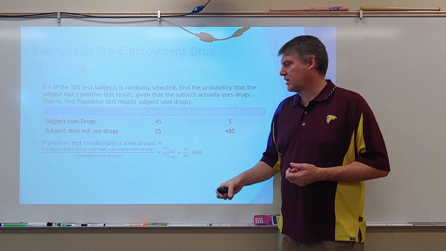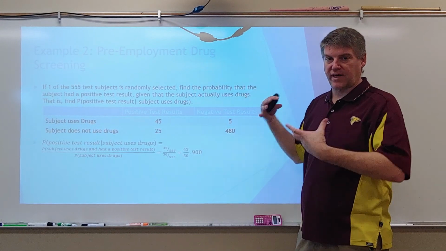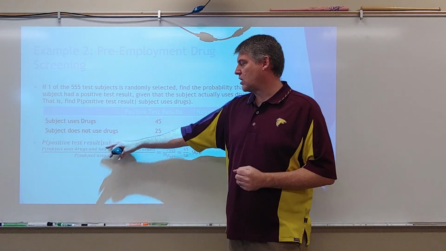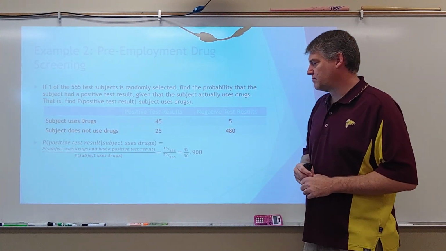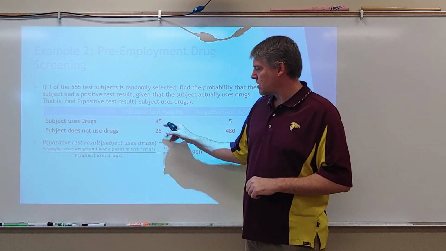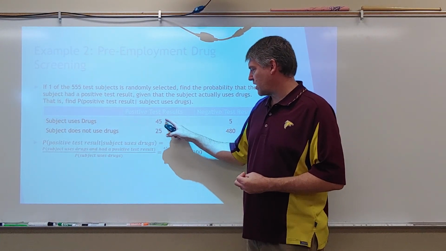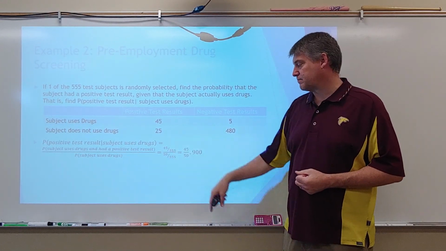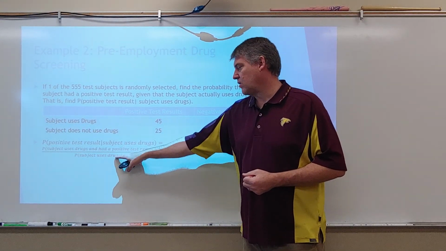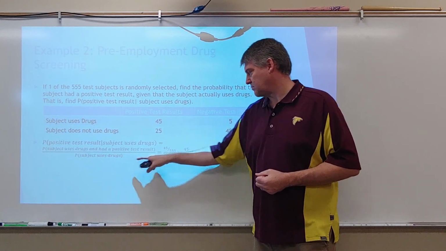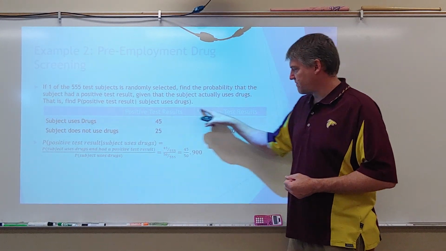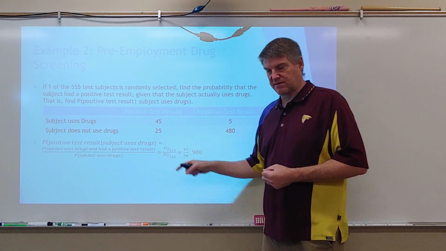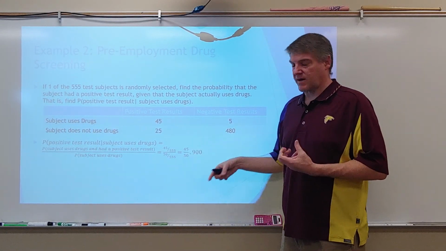What I'm going to look at here is the example that they showed you. So P of a positive test result, here we have our positive test results over our total, so 45 over 555. Then the probability that the subject uses drugs is 50 over 555, which gives us 45 over 50.